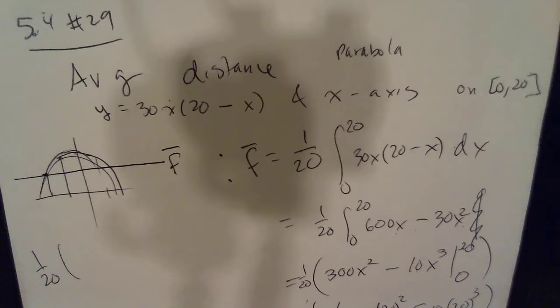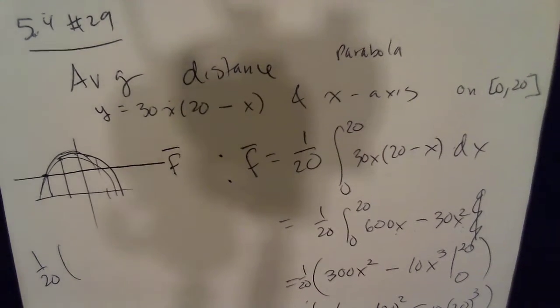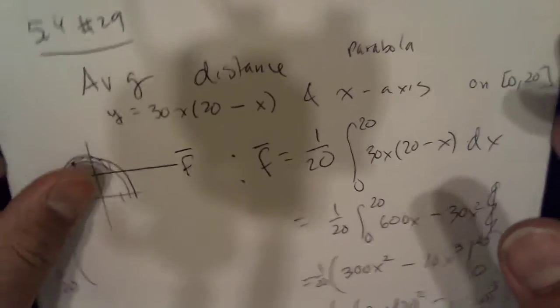All right, 5.2, number 21. So let's take a look at that one. All right. 5.2, number 21. Okay, so this is one of those Riemann sums.